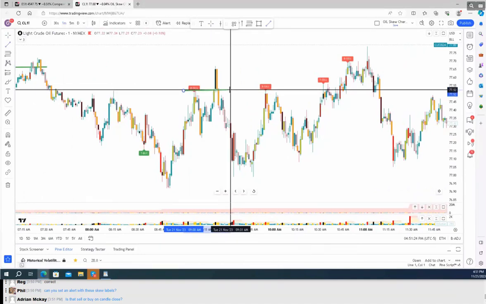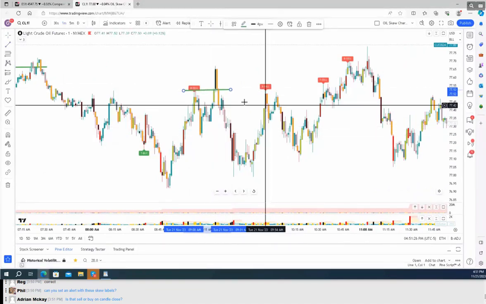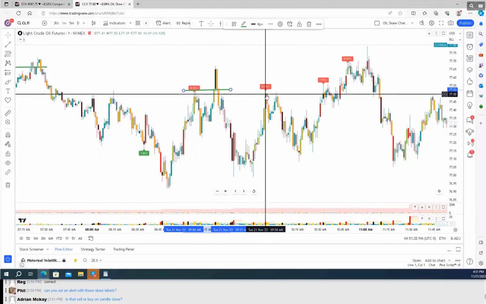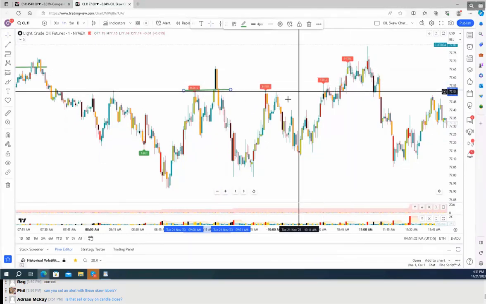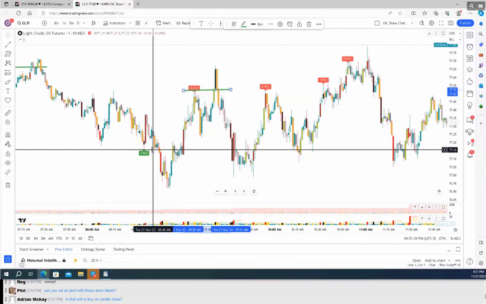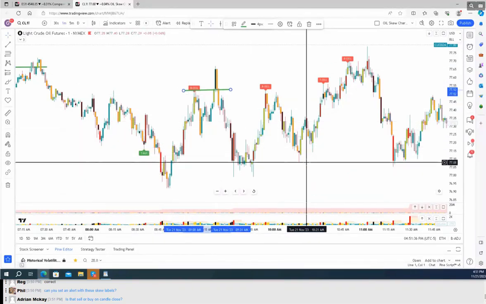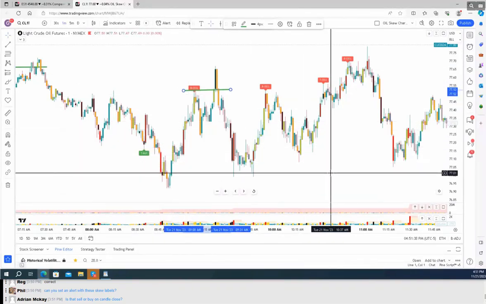You can see what happens: you practically top ticked it here, and here, and here, and you got it here and here. So you can really use this pretty well to scalp these skew levels out of the market.